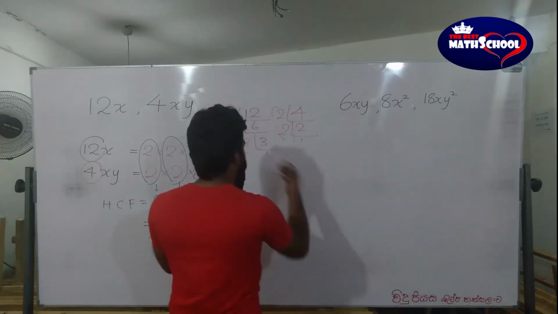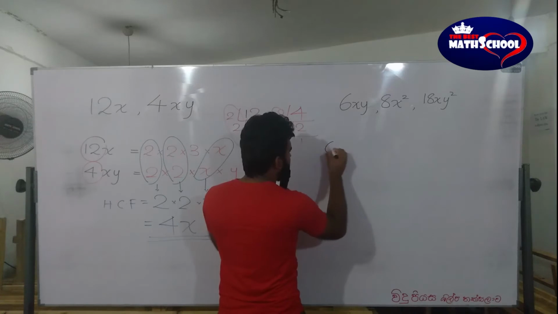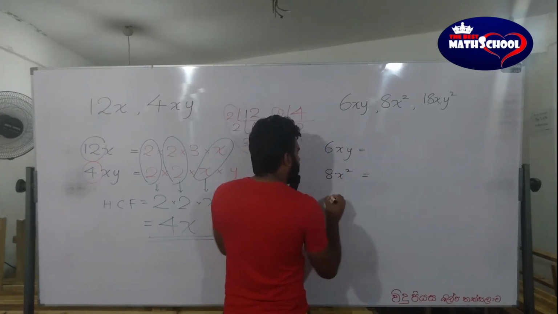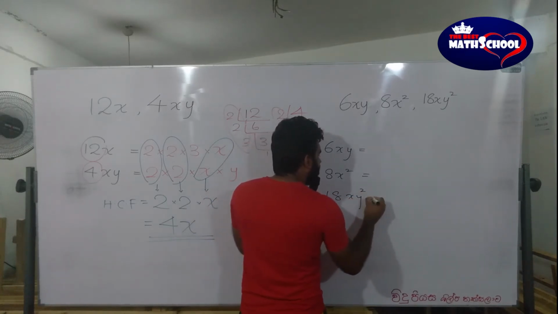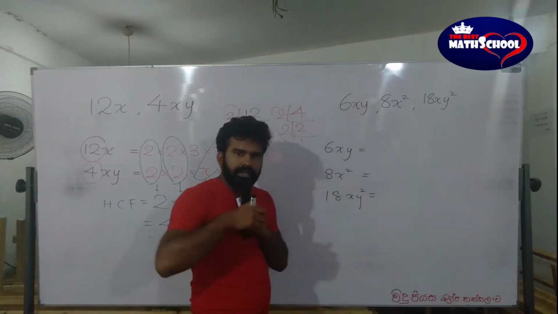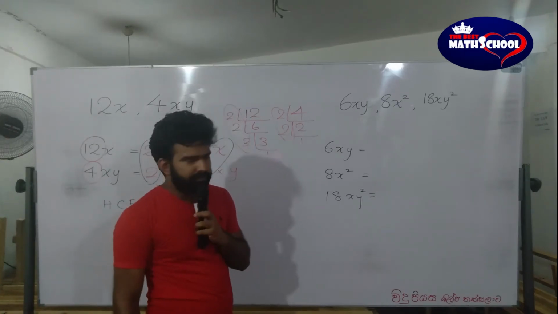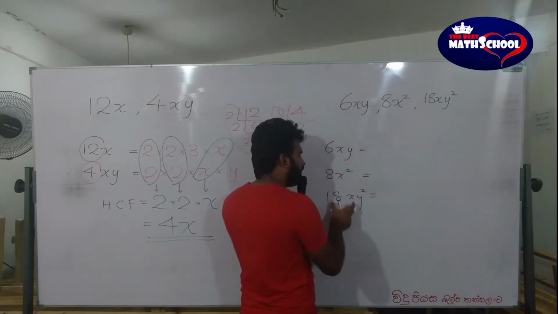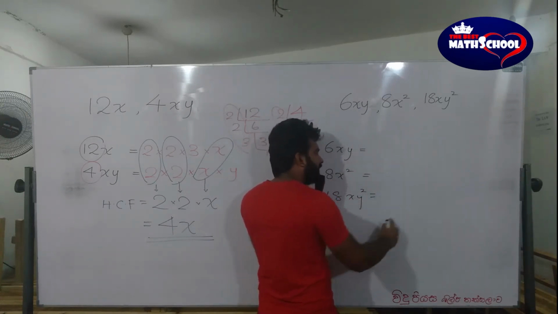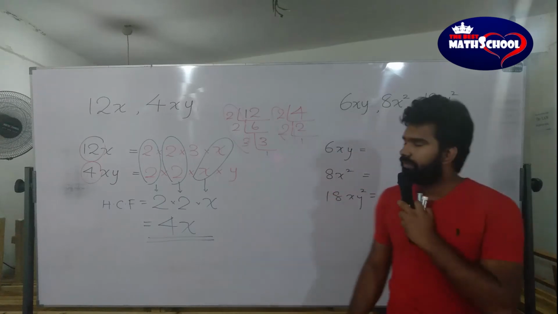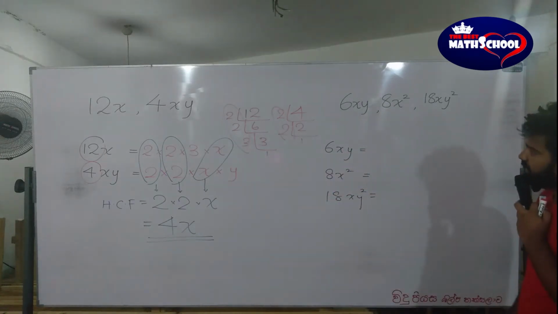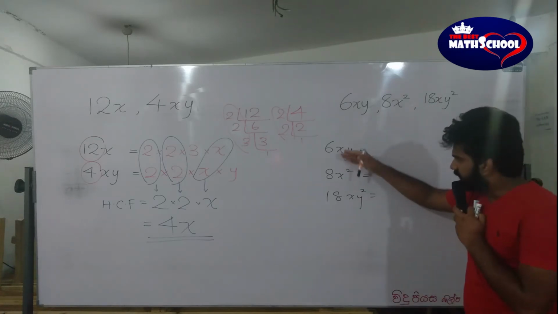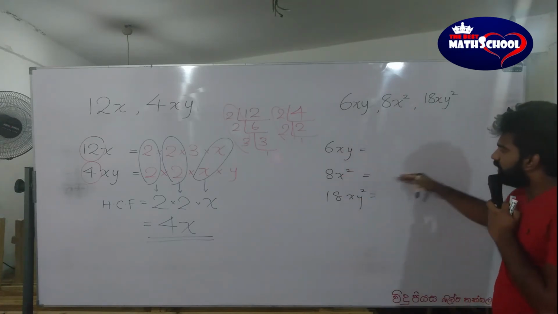No issues. As in the previous sum, just write 6xy, 8x squared and 18xy squared. Now we have 3 terms. When we are taking the highest common factor, it should be common to all these 3 terms. To do that, take these 3 terms separately and write them as products.